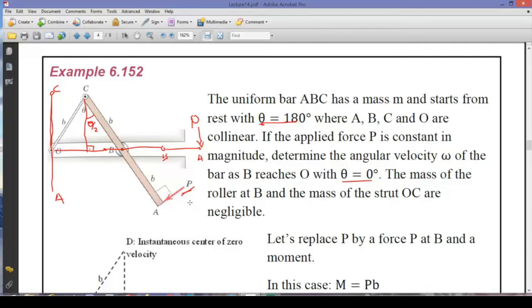As a result of the work done by this non-conservative force, the kinetic energy of the coupler link will change. The concern that we have here is that this P force is always 90 degrees relative to this link, but when we try to calculate the work done by this P force, we need to calculate the displacement of this point A, which is changing throughout the course of this motion.